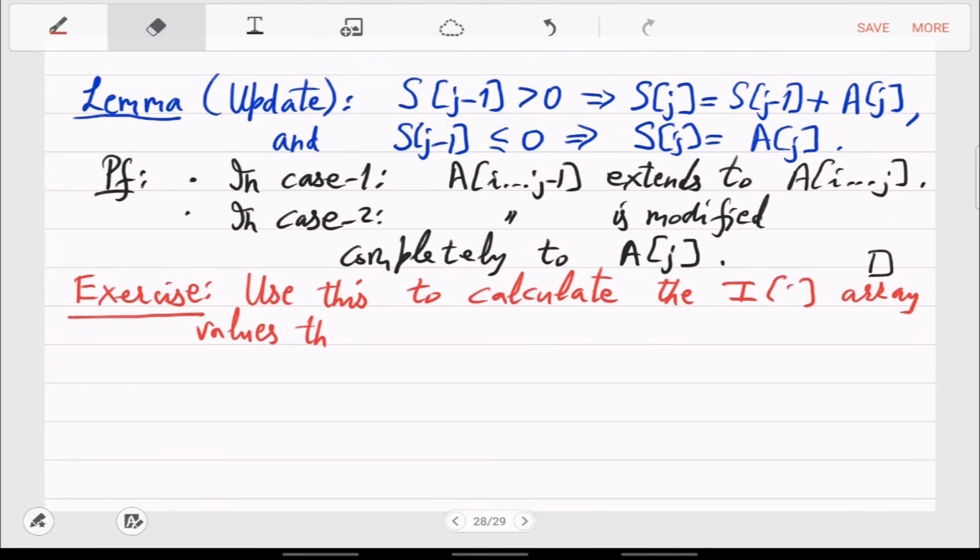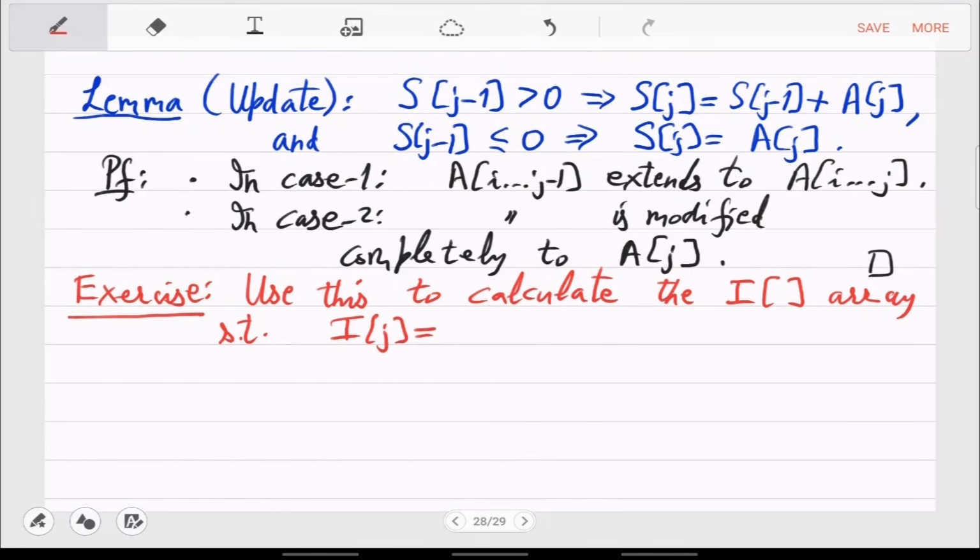So maybe to calculate the I array, such that Ij is equal to the i with Sj equal to the sum of A i to j.